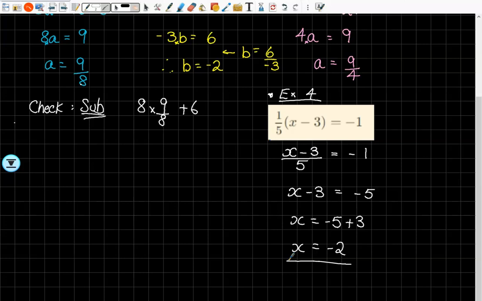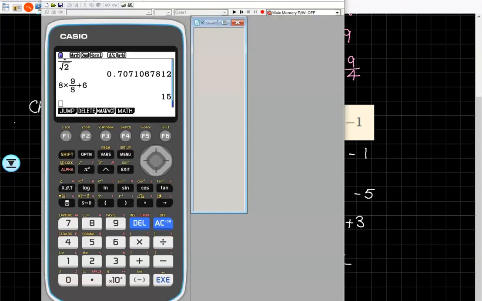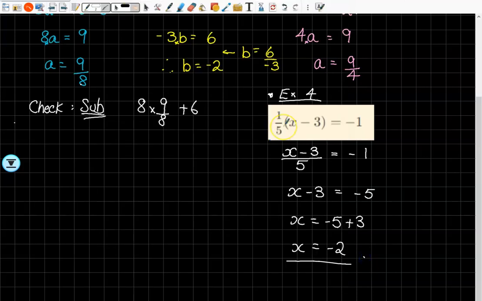Imagine it's not a textbook question. Imagine it's a test. You're going to go, am I right? You grab your calculator. You say 1/5. Oh, it helps if you type in 1/5 and not 15. Right? X take 3.